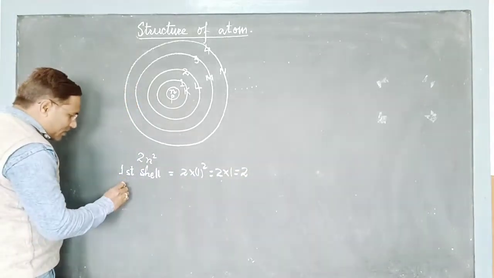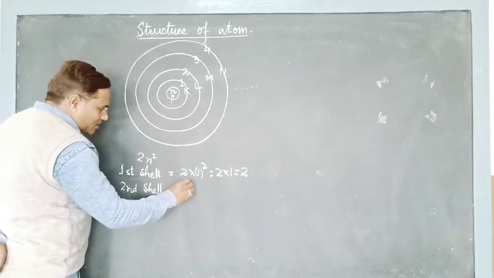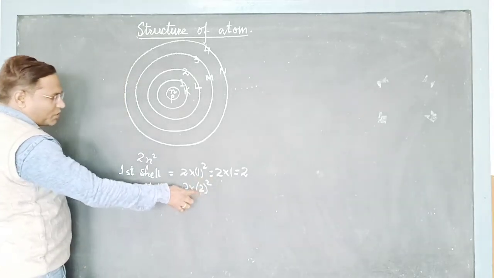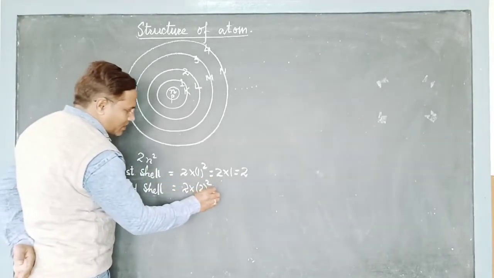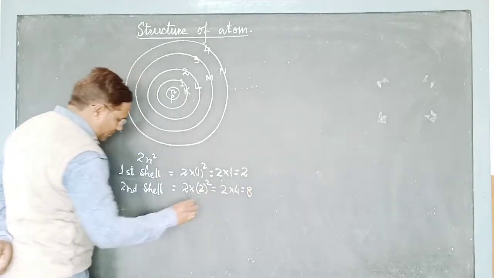Next, in the second shell, we have 2 into 2 to the power 2, where n value we put 2 because it is the second shell, and 2 into 4 is equal to 8.